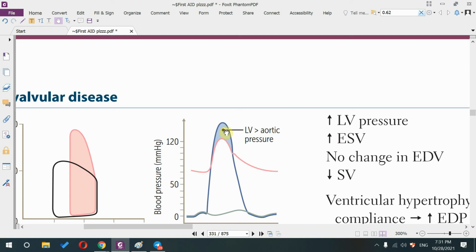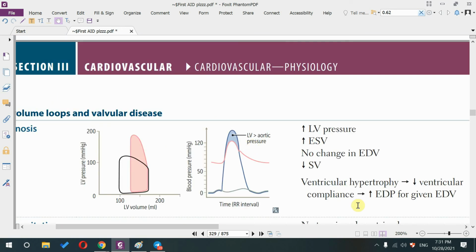But notice here, the left ventricular pressure is much higher than the aortic pressure, while in a normal heart it was 120/10 in the ventricle and 120/80 in the aorta. So the systolic should be the same, but in aortic stenosis the systolic in the left ventricle is much higher than in the aorta. So this difference tells you that it is much harder for the left ventricle to open the valve.